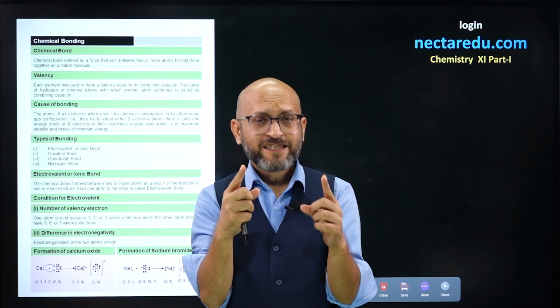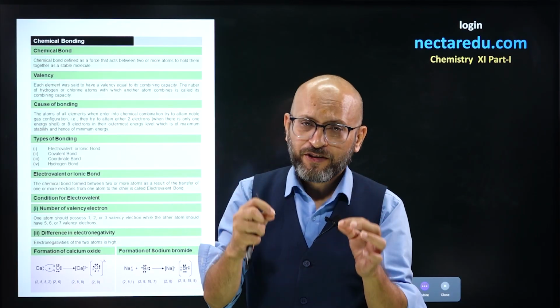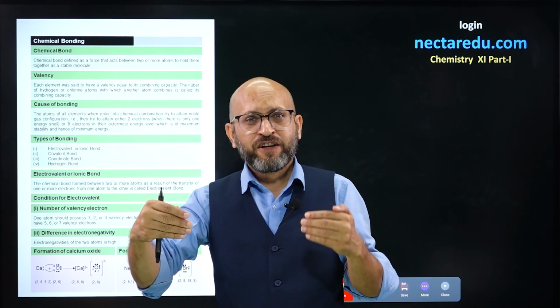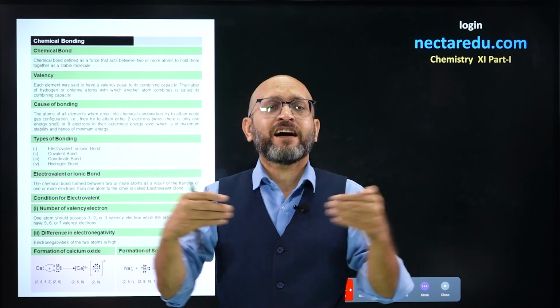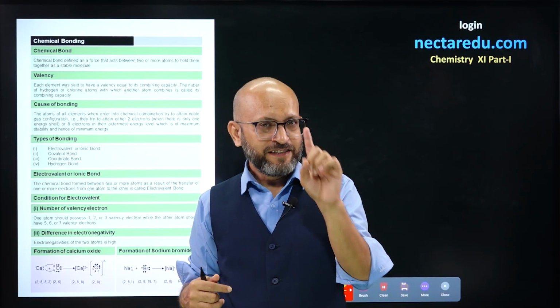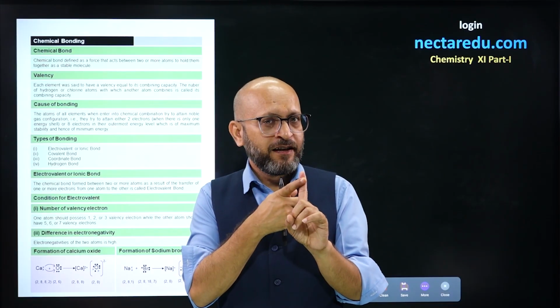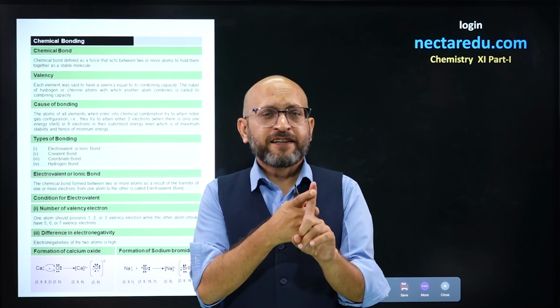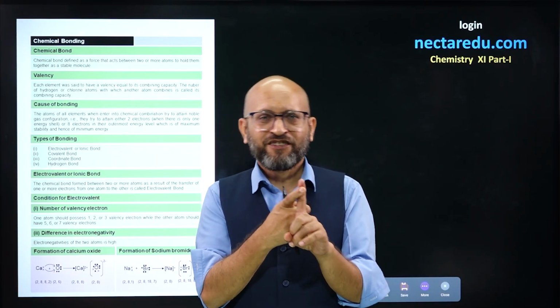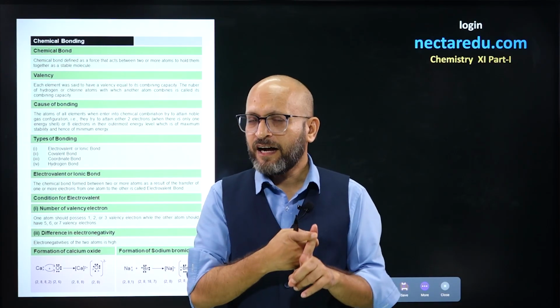So the required condition is that the difference of electronegativity between atoms must be high, or in short I can say a bond between a metal and a non-metal is an ionic bond, right? So the conditions for the electrovalent bond are: the difference in electronegativity must be high. In short, a metal and a non-metal usually have an ionic bond.